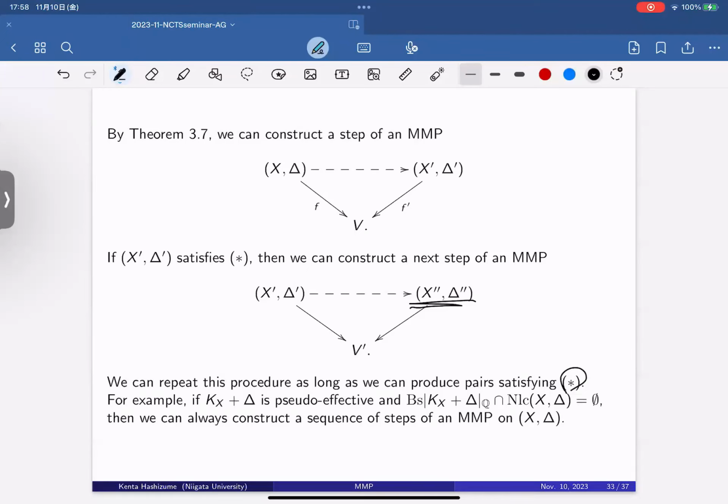For example, suppose that the log canonical divisor is pseudo-effective and the stable base locus is disjoint from the non-LC locus. Then we can construct a sequence of steps of an MMP. In other words, if we construct the first step of an MMP, then (X', Δ') also satisfies this condition.